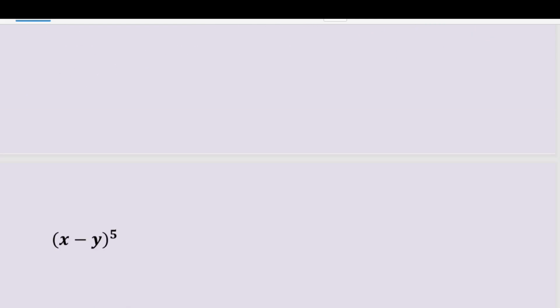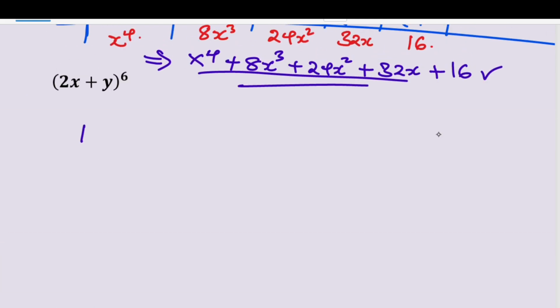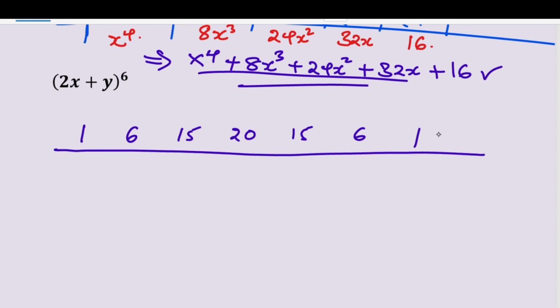Those are the coefficients. Then we're now going to start with the multiplication of 2x raised to power 6, the highest one, then 2x raised to power 5.